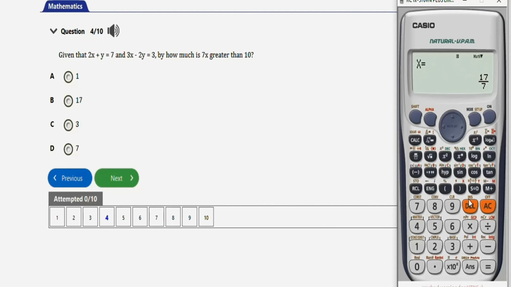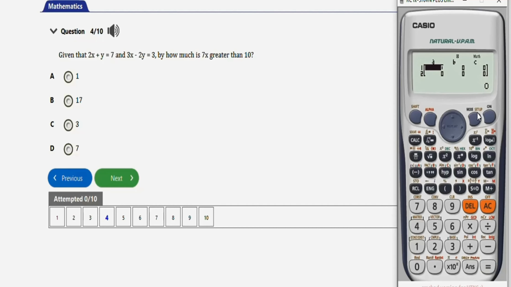So our x is 17 over 7 and our y is 15 over 7. So what we need here is just 17 over 7. By how much is 7x greater than 10? So basically, let me show you something. Let's check x again. Okay, 17 over 7.